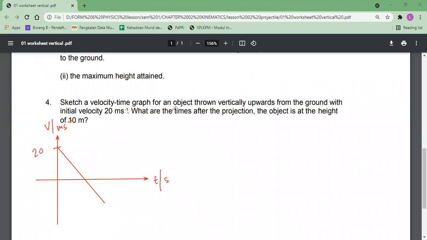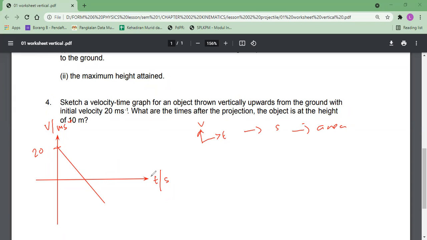So from here, they ask what are the times after the projection when the object is at the height of 10 meters. That means from the v-t graph, if we want to find the displacement, we find the area, right? Is the area maximum?